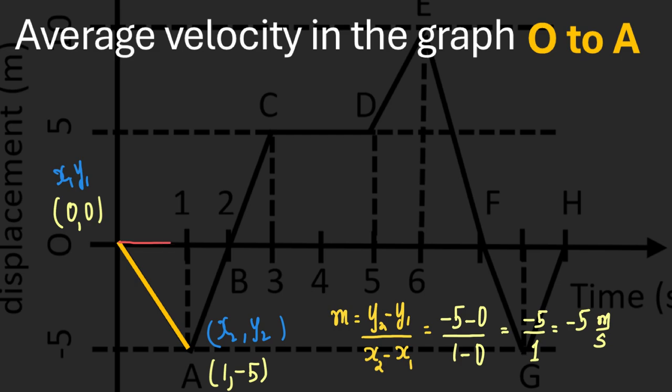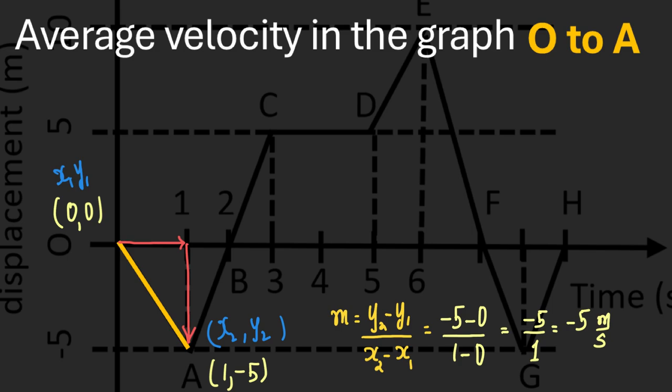The slope would be like this, coming down like this, right? So average velocity is y2 minus y1 by x2 minus x1, which is minus 5 minus 0 by 1 minus 0, which gives us minus 5 meter per second, the average velocity. Okay, not speed, average velocity. Therefore, the sign is negative. Hope this makes sense.